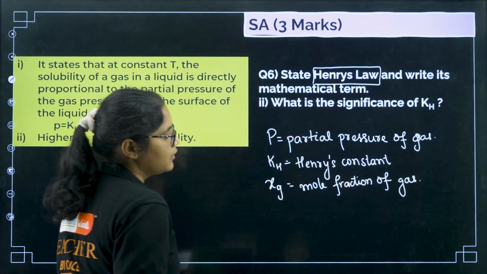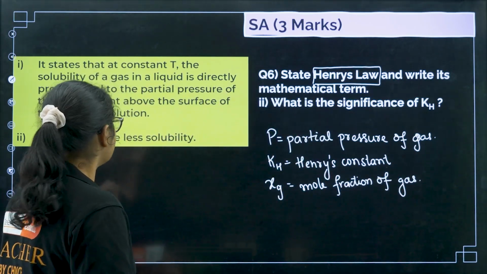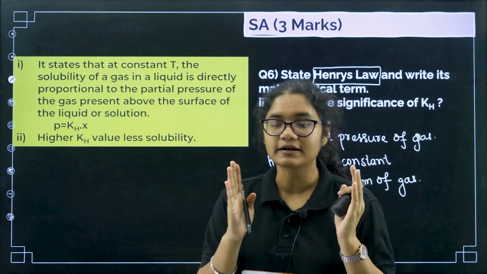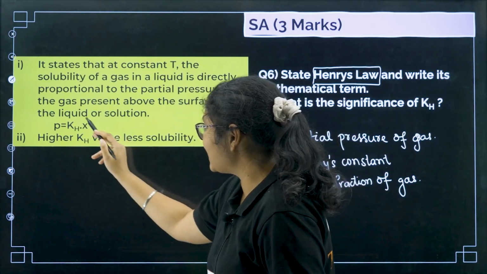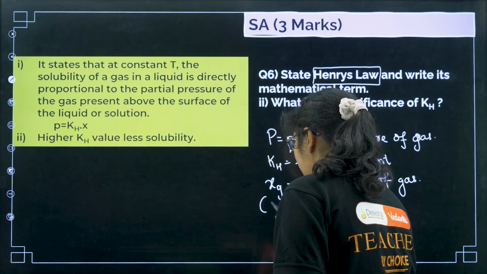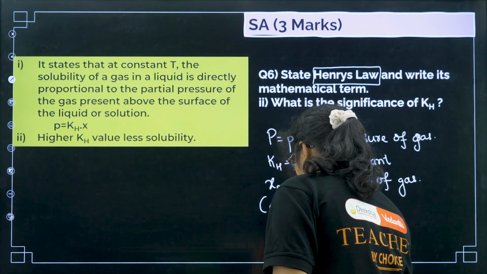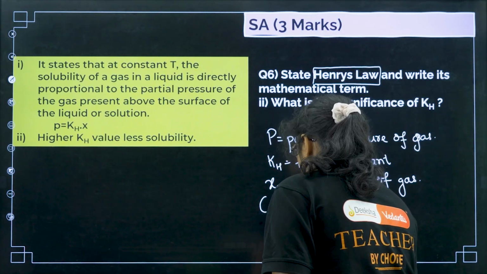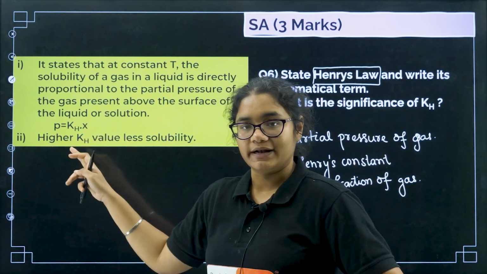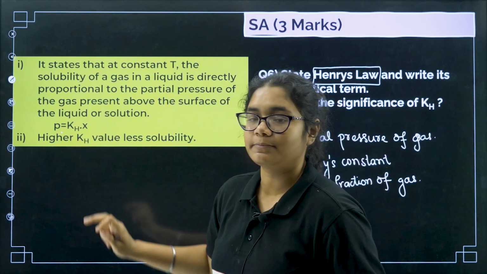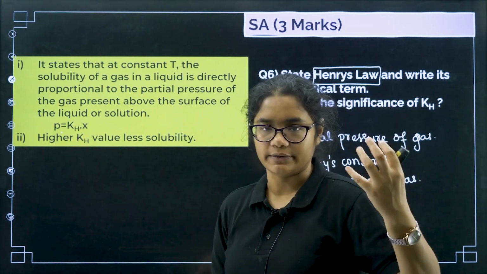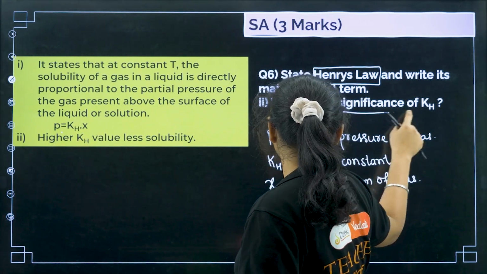Clear? So what is the statement saying? If the temperature is constant, X represents the solubility. So the solubility of a gas in a liquid is directly proportional to the partial pressure of the gas above the liquid.